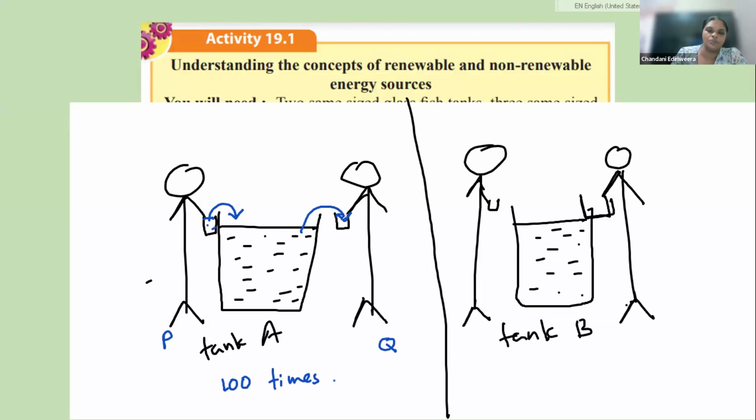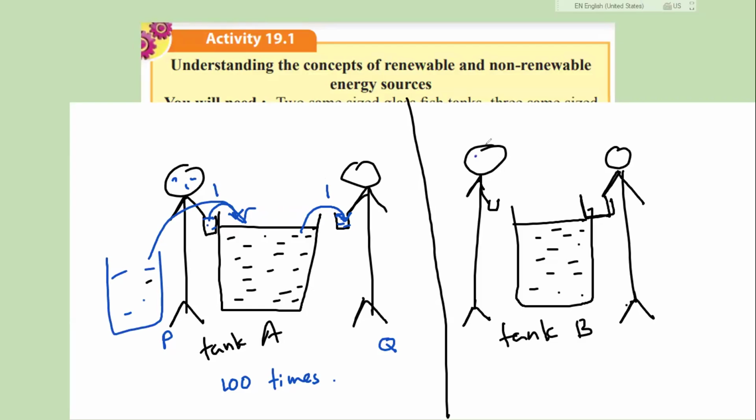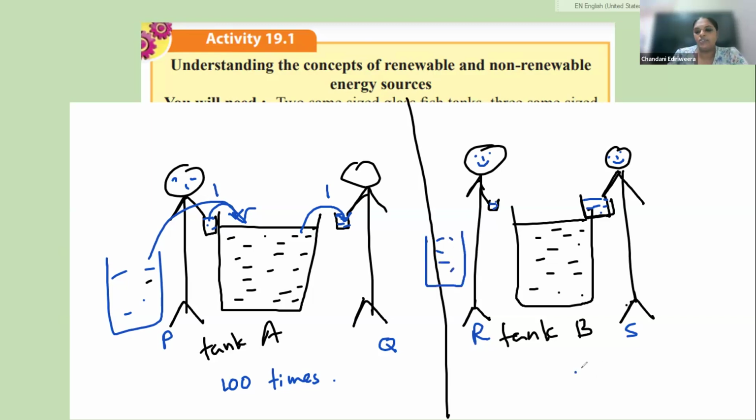The same thing is done by the students R and S at tank B. S is taking a cup out using the bigger cup, and R is adding water using the smaller cup. They do this 100 times.